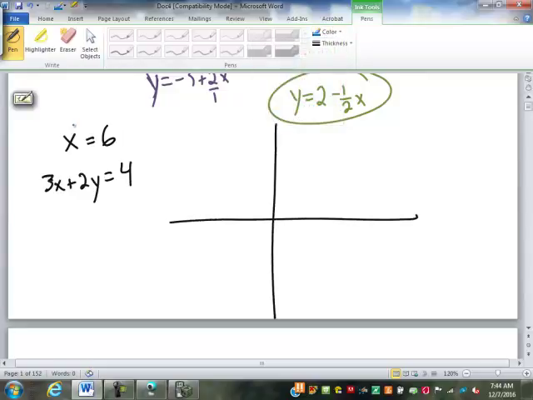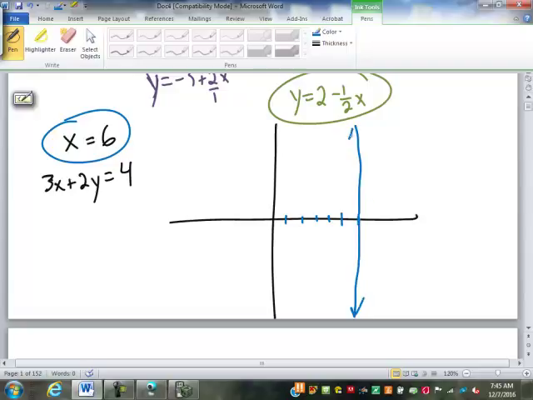First of all, how do I graph that x equals 6? Well, y doesn't equal anything. It doesn't specify y. You can go over to 6. Yeah, it's just a vertical line.